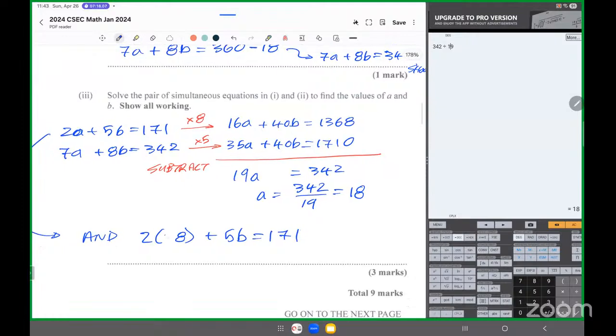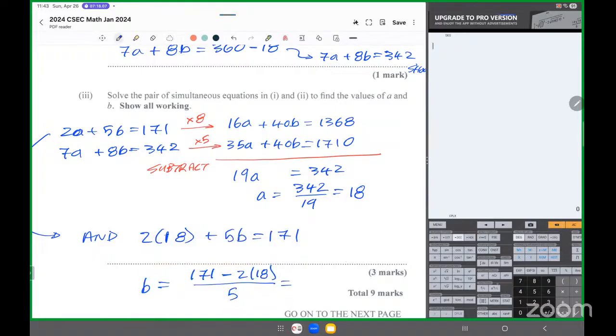All right, so this is 18. So the B is going to be 171 minus 2 times 18, which is actually 36, then divided by 5. We can do that calculation quickly.